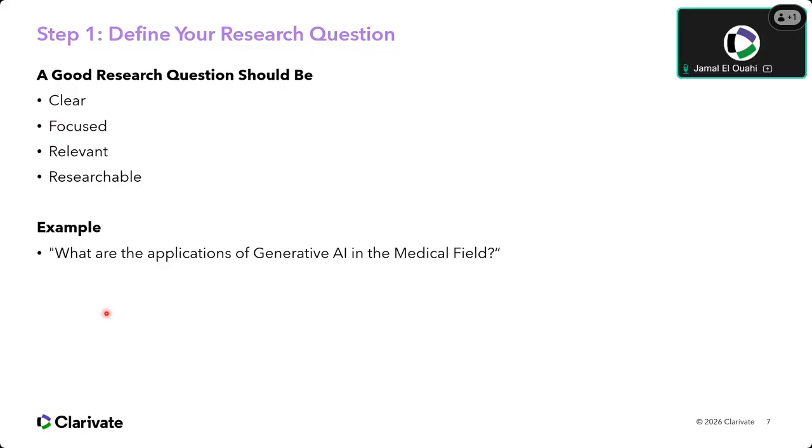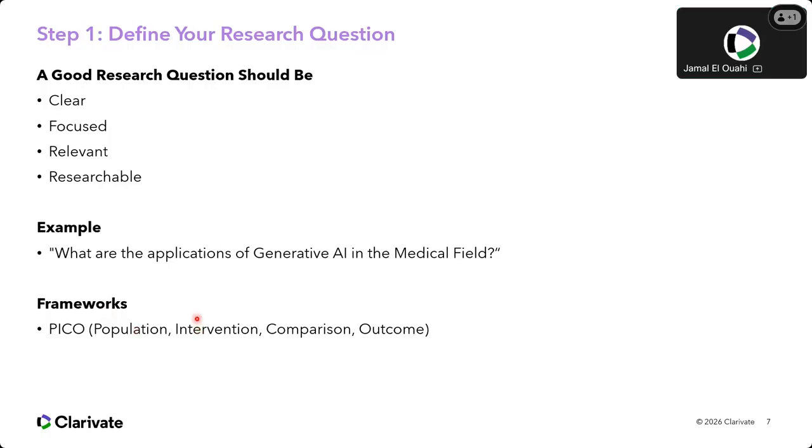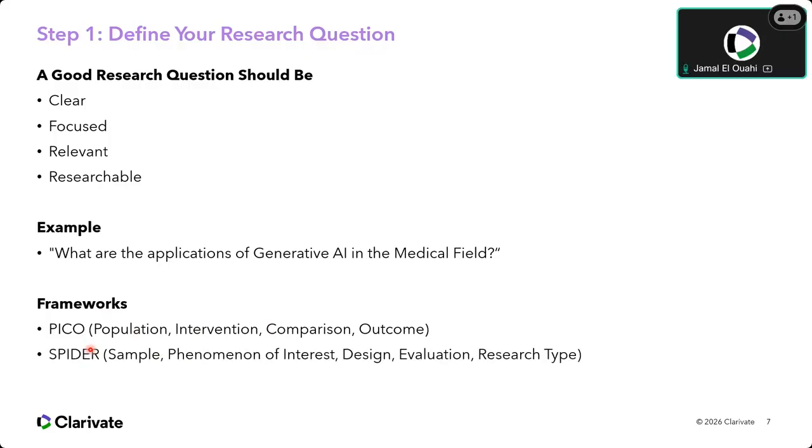And there are several frameworks you need to be comfortable with that can help you formulate research questions. For instance, you might have heard about PICO, which is very common in health sciences. So you take a population you're interested in, an intervention, what you want to compare, and then the outcomes. In other fields like social sciences, you have something called SPIDER.